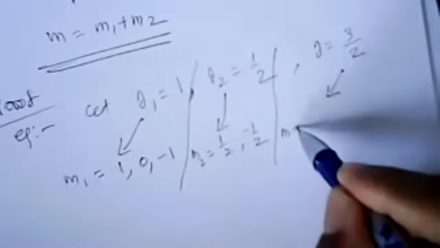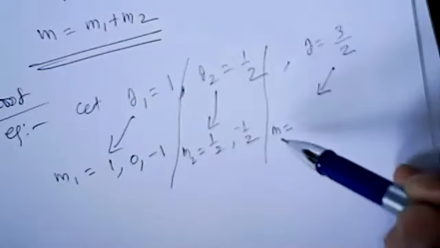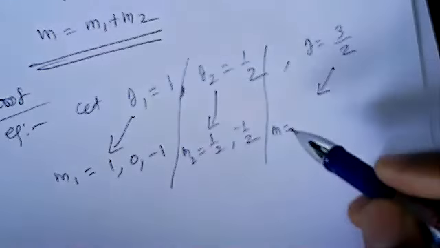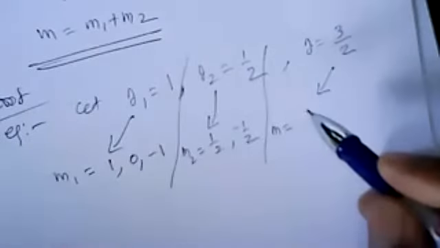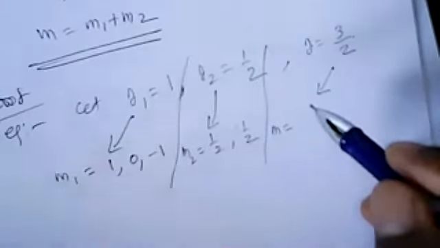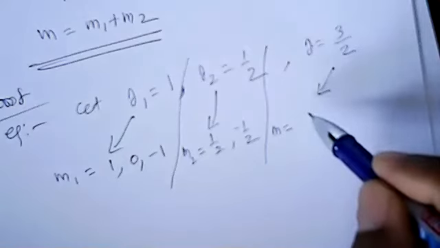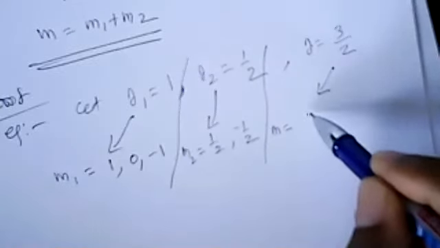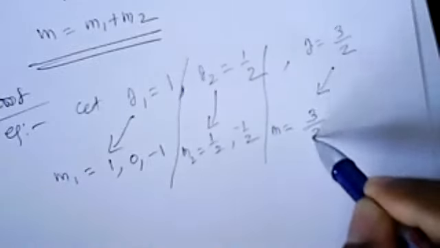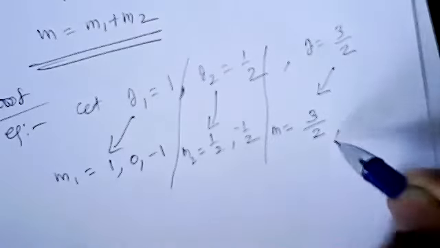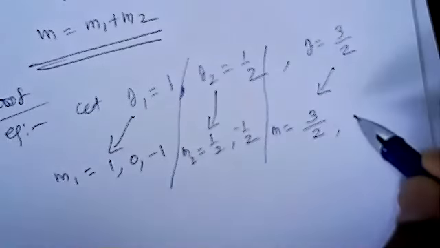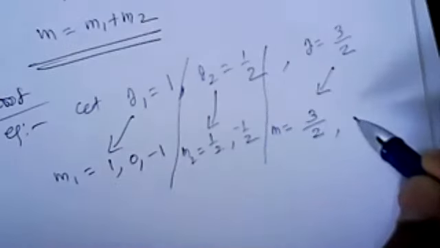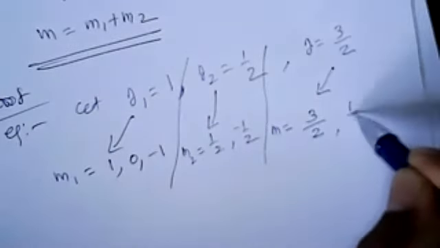And now what are the M values? Total M. Corresponding to J, we have M values. That is 3 by 2 and half.